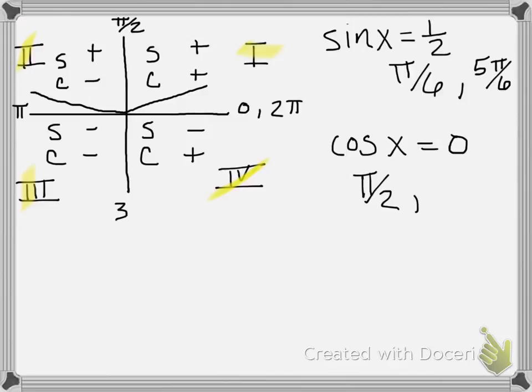Well, at 3 pi over 2, here cosine is going from positive to negative, which means that it has to hit 0 at pi over 2. And as you can see down in quadrants 3 and 4, cosine is going from negative to positive, so it's going to hit 0 again at 3 pi over 2.